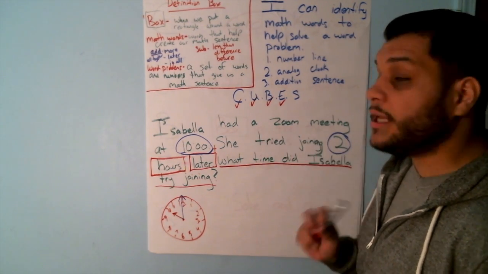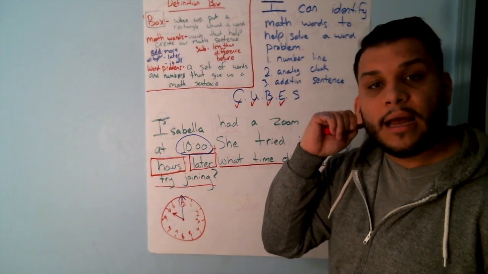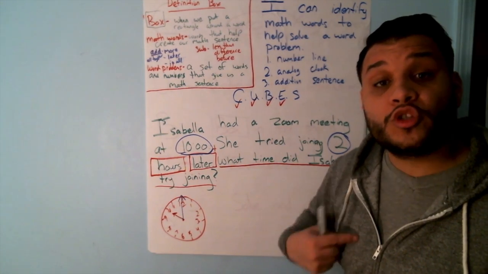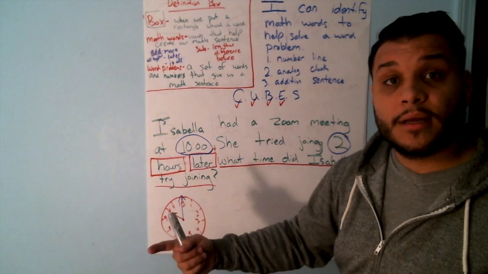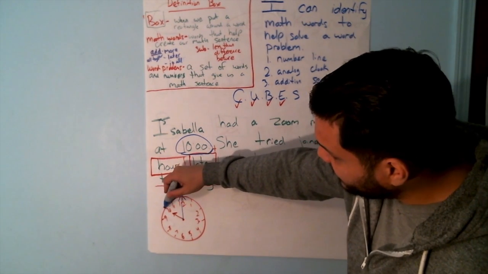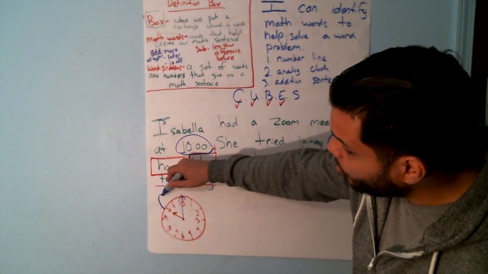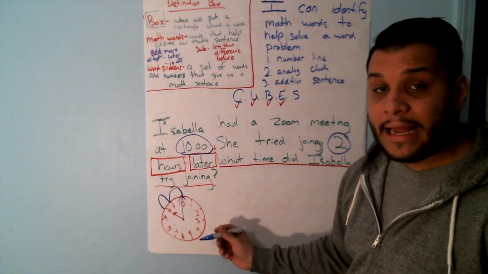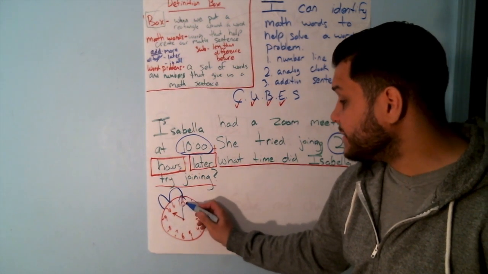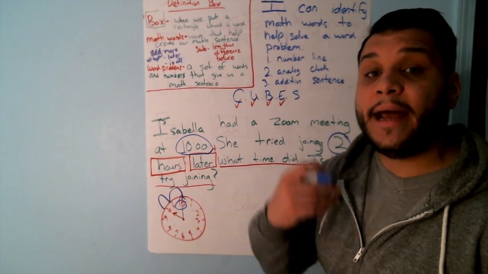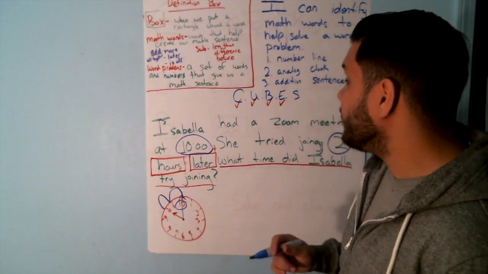She tried joining 2 hours later. How will I solve this? I have to move 2 more numbers. Okay, let's do that together. Starting at the number 10, I'm going to count. Ready? 1, 2. What time did she try joining? I stopped at the 12. So she tried joining at, yes, 12 o'clock.